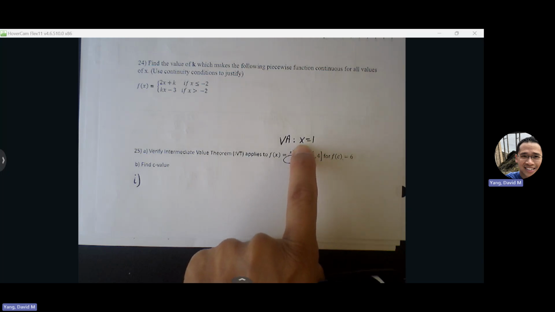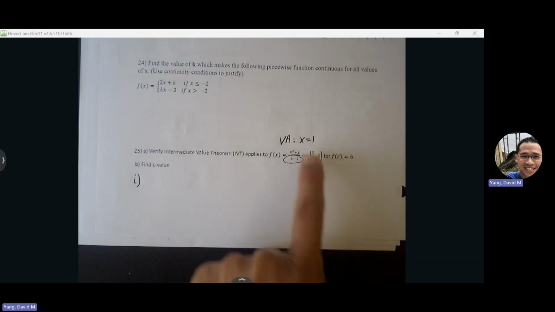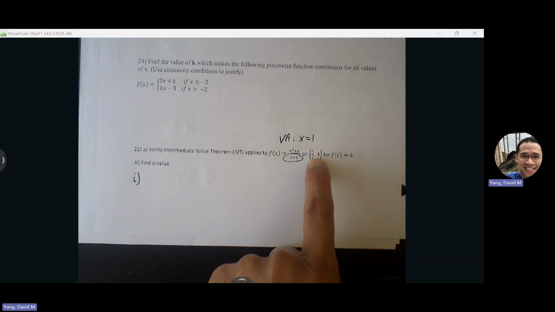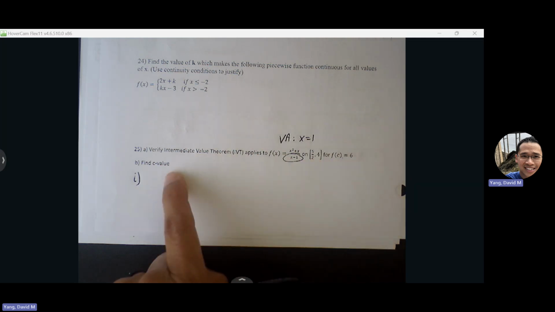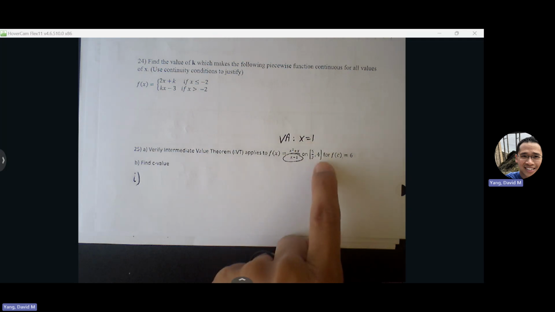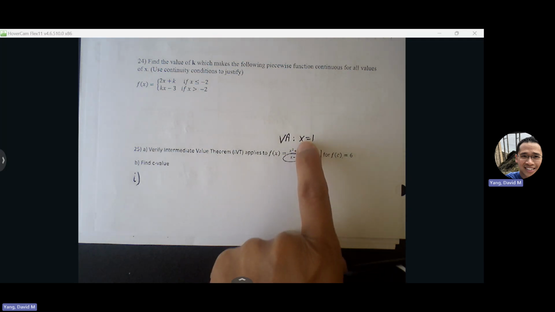It's a potential red flag, but this is only going to impact us if this is interfering with our interval. If this asymptote is somewhere in between the interval, then that's an issue. Then IVT breaks down, and then we can say that IVT doesn't apply because it doesn't pass the first condition. But if the only issue is clearly outside the interval, because 1 is not between 2.5 and 4, we're safe.